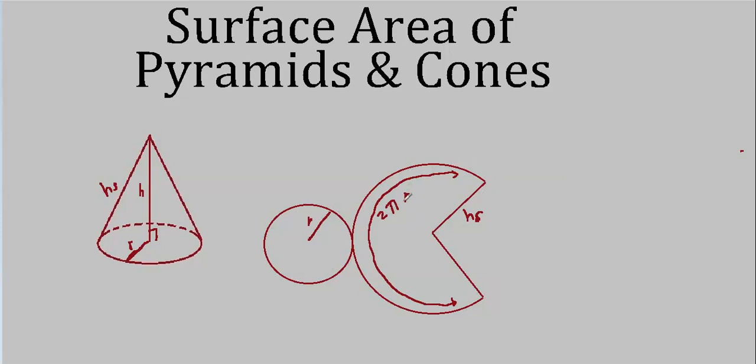That's 2 pi r because it has to wrap around this circle here. This is the part that touches the base. Remember, r is the r for the base circle. This big circle here, which is what we get when we unfold this thing, well, it's not quite a big circle, is it? It's a big circle with a sector taken out of it.